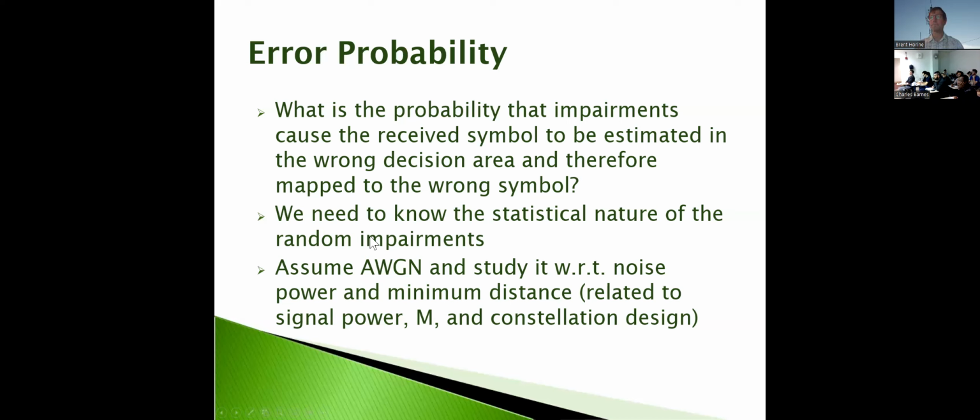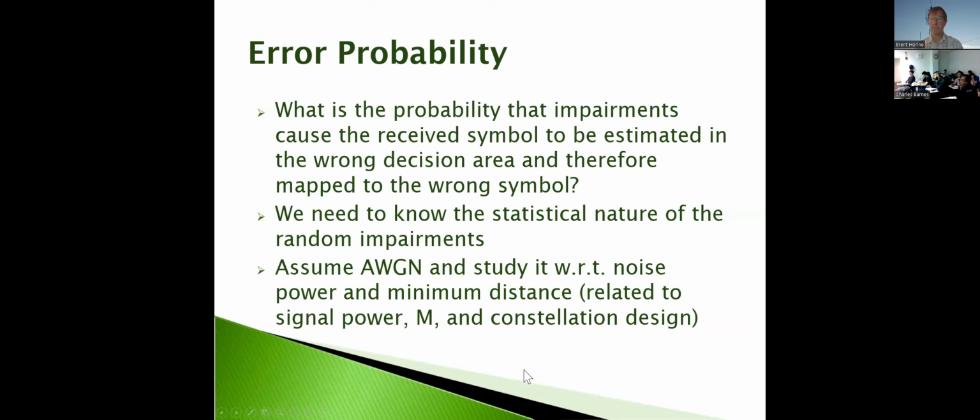So we're going to assume additive white Gaussian noise and study it with respect to noise power and the minimum distance between the constellation points. As we know, we can conclude that that is related to the overall signal power in an absolute sense, the number of constellation points or symbols, and the actual constellation design, right?